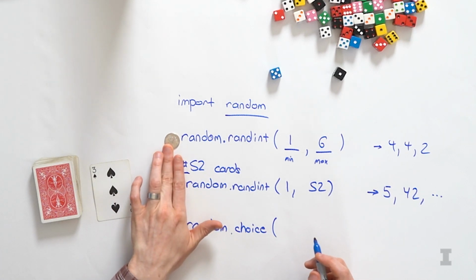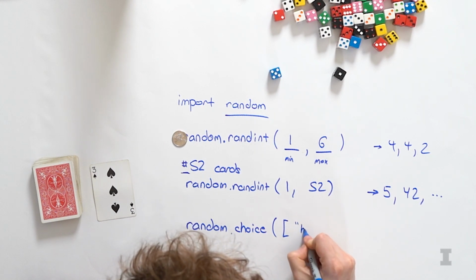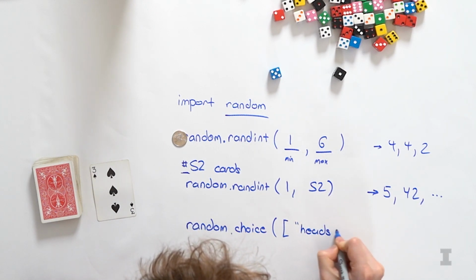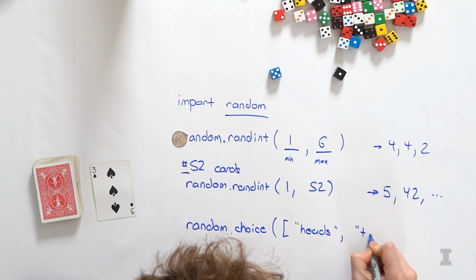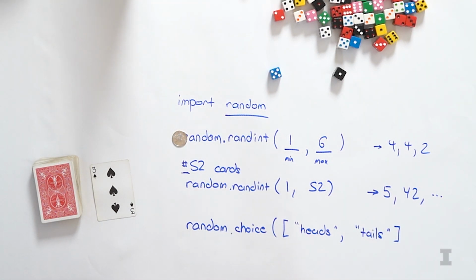Here we got tails. So I can open my parentheses, then use a square bracket, and inside the square bracket I specify all of the options I want to randomize between: it might land on heads or it might land on tails.